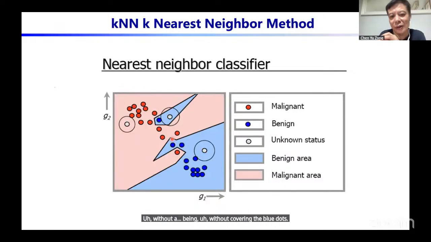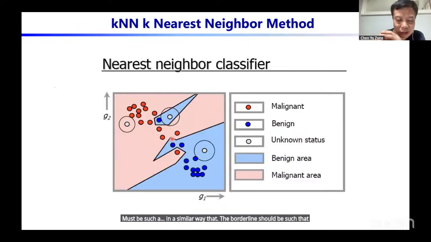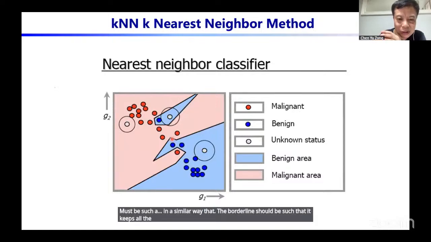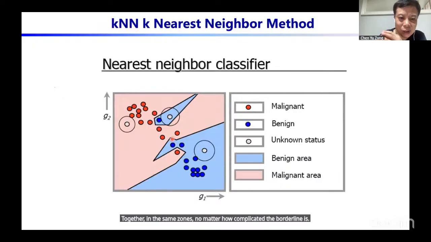Similarly, the blue zones must be such that the borderline keeps all the blues together, no matter how complicated the borderline is, without including the red dots.